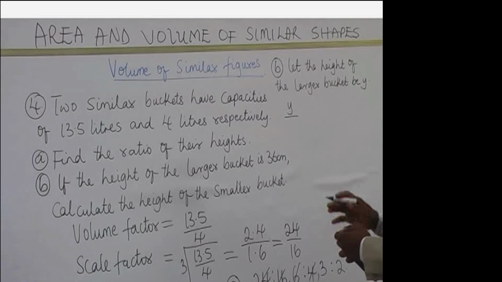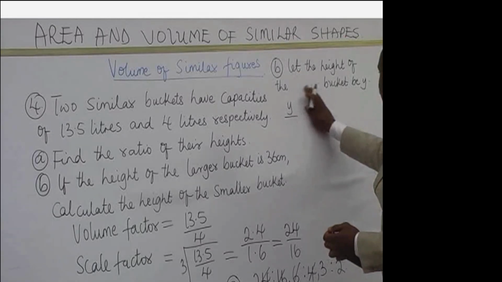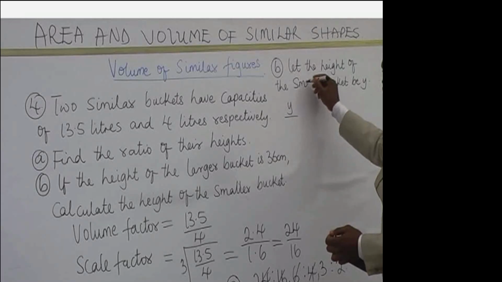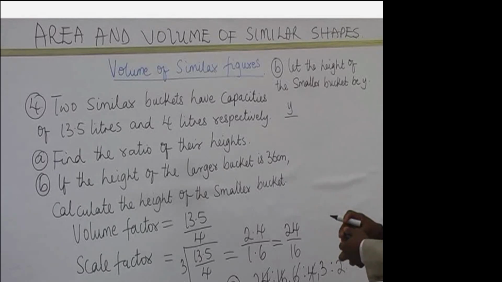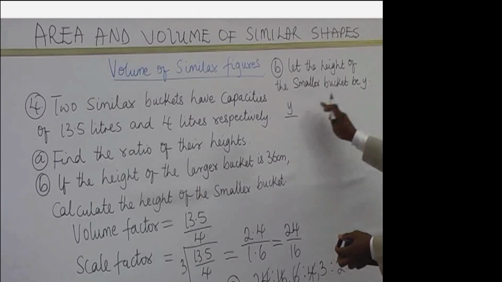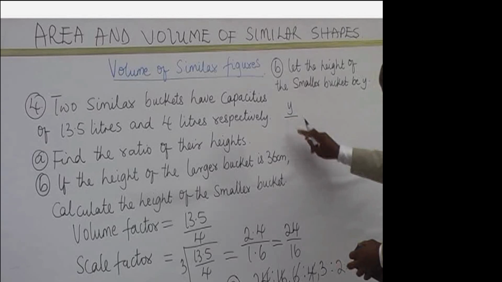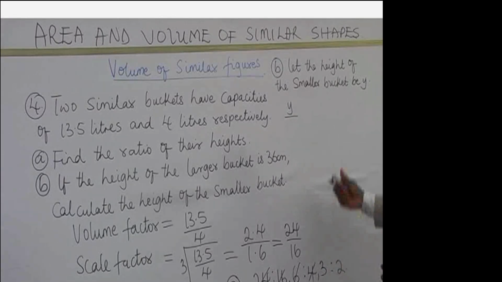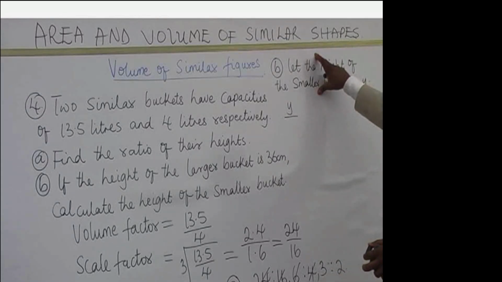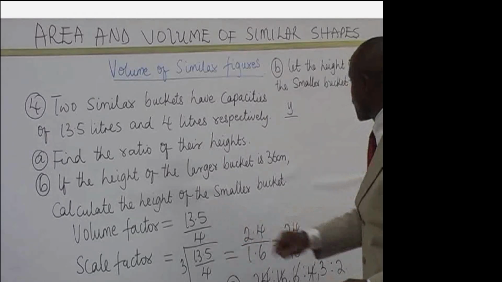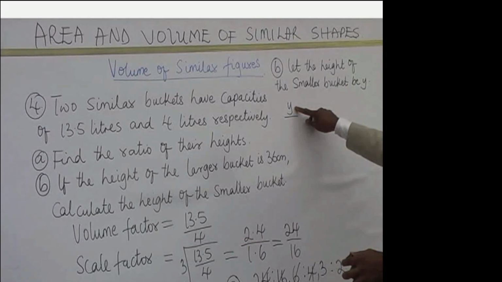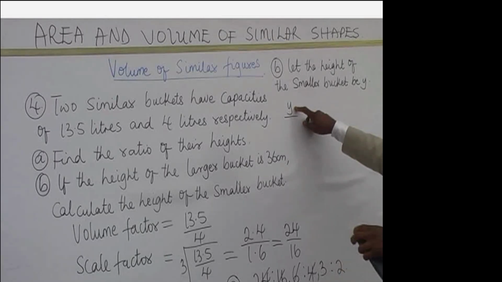We are given the height of the larger, and we are asked to calculate the height of the smaller. So if the height of the smaller bucket is y, remember we are talking of height now, so we should go to the scale factor. And if we were talking of volume or mass, we could have gone to the volume factor. So y is the height of the small bucket.